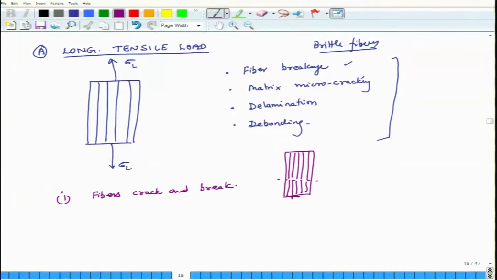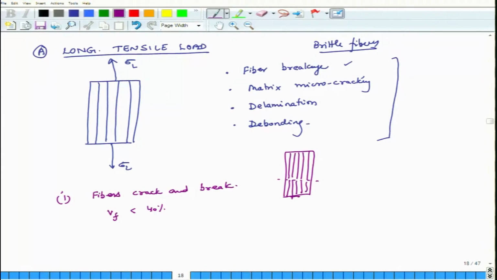So, you have 2 pieces, and that is pretty much it. Now, this type of failure happens typically when volume fraction, especially for glass fiber systems, and for other fiber systems this number may differ, is less than 40%.